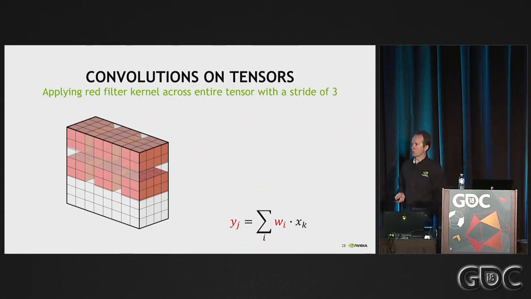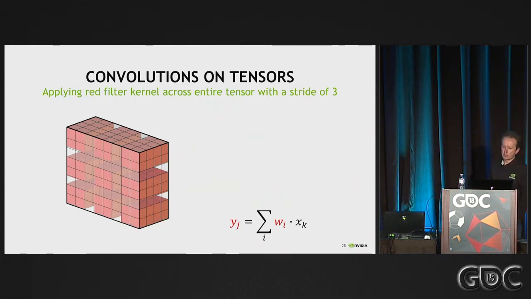Other configurations are possible. In this case, I basically walk the entire input tensor 9 times, and at each step, I'm evaluating a weighted sum between the elements in the footprint of the filter kernel in the input tensor and the filter kernel weights, right?